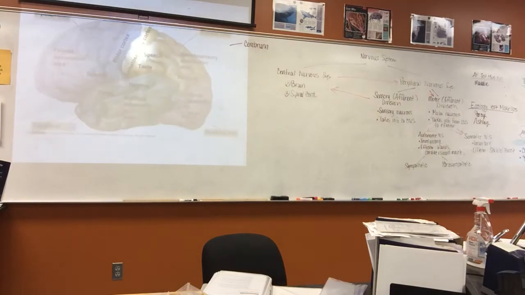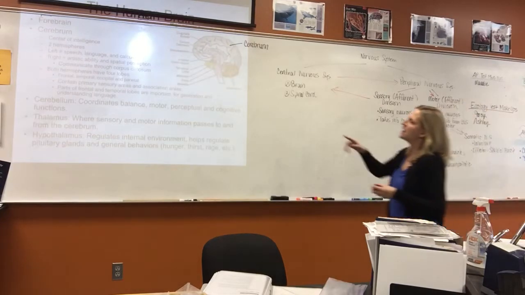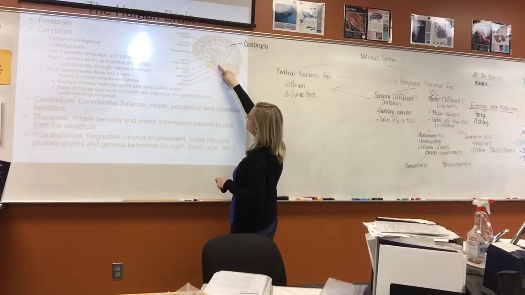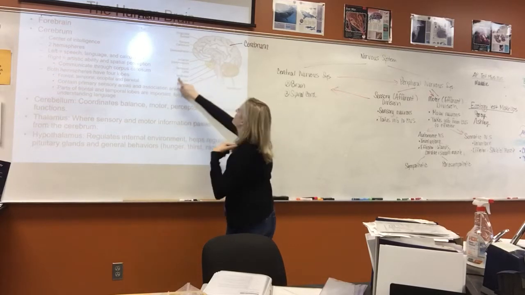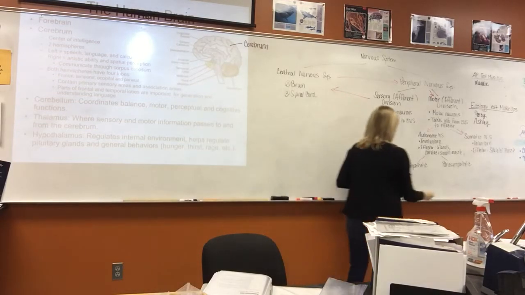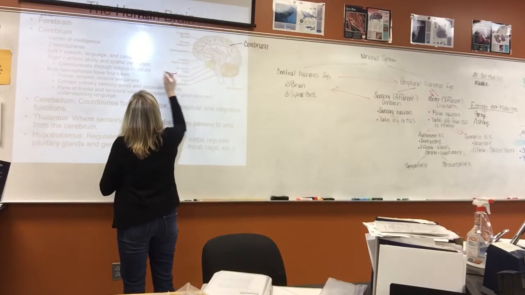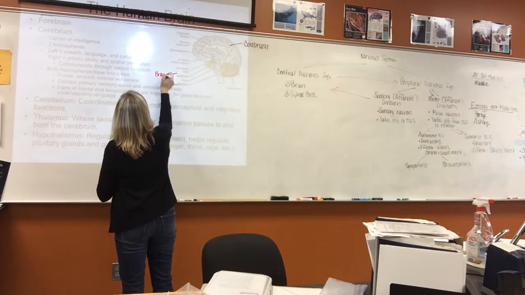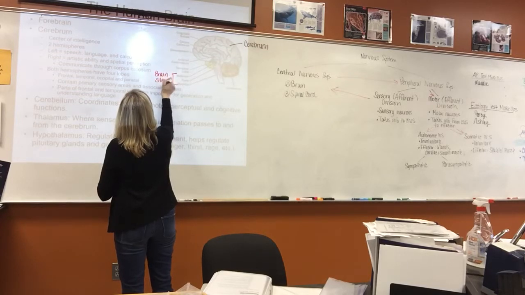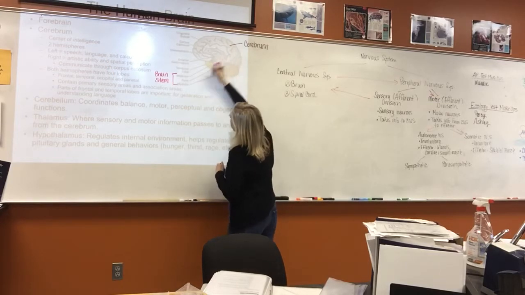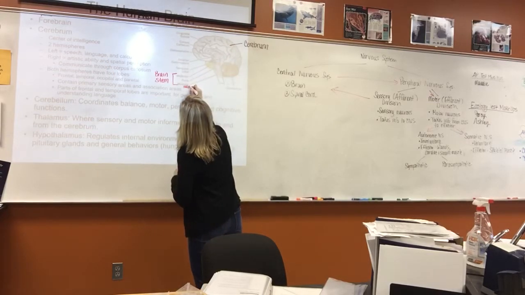So if we look back at this picture, this is your brainstem right here, and these three things right here comprise your brainstem: midbrain, pons, and medulla oblongata. That should say oblongata, it got cut off.